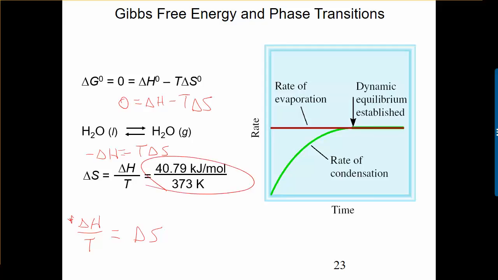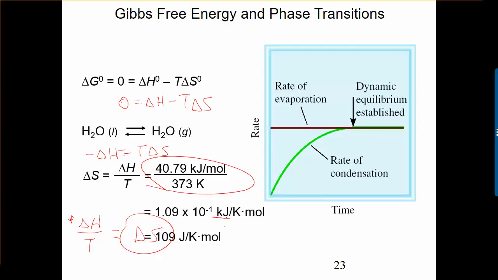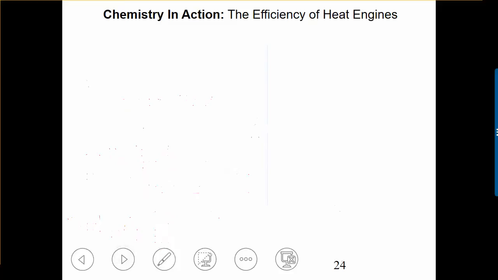In this case, delta H is 40.79 kilojoules per mole. The temperature is 373 Kelvin, and I'm able to find my delta S. You'll see it's in kilojoules per mole, but you're going to have to convert it to joules, because entropy is described in joules, not kilojoules.